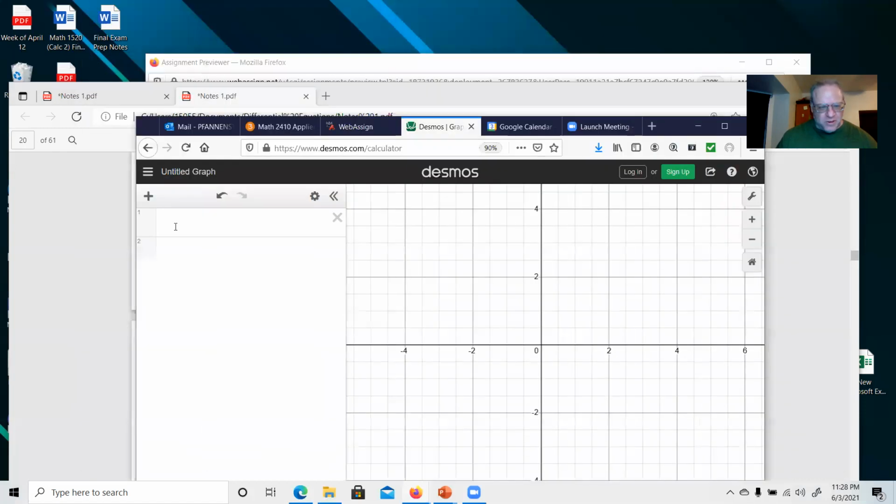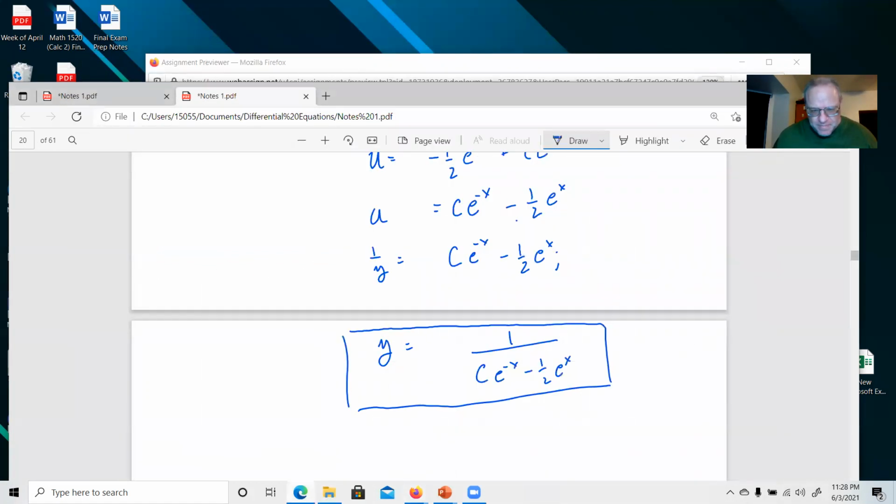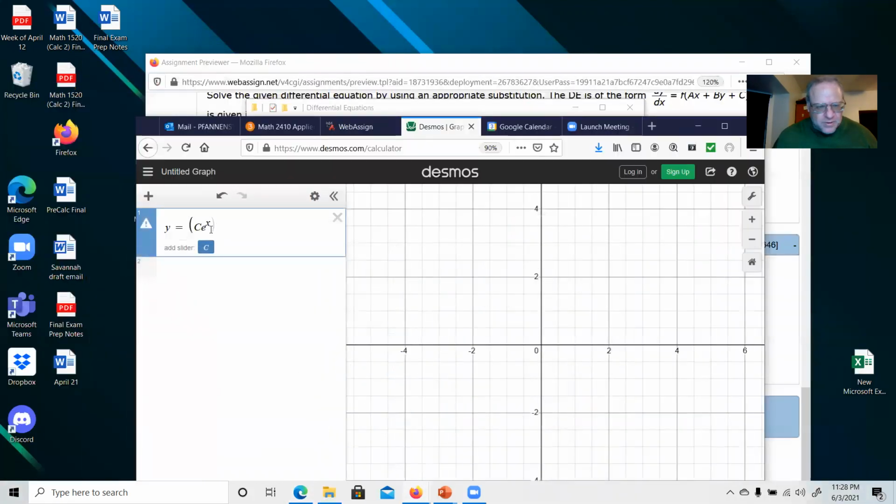We have y is equal to, we'll do a parentheses, c e to the x, rather, c e to the negative x, put a negative here, minus 1/2 e to the x, and that's parentheses, and then raise everything to the negative 1.